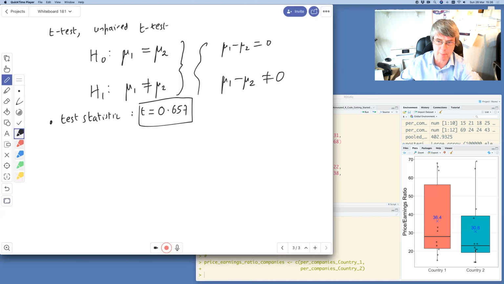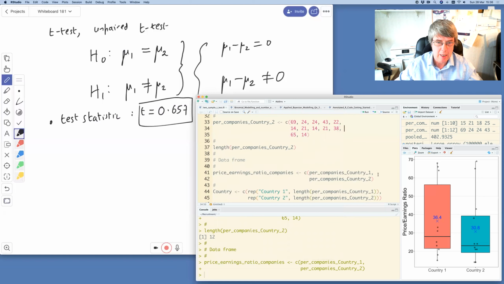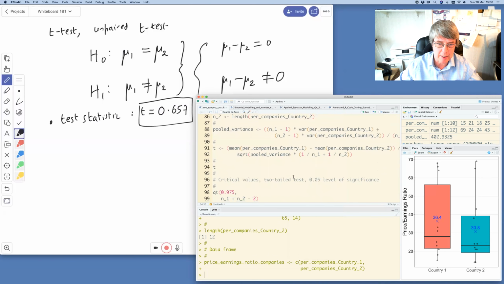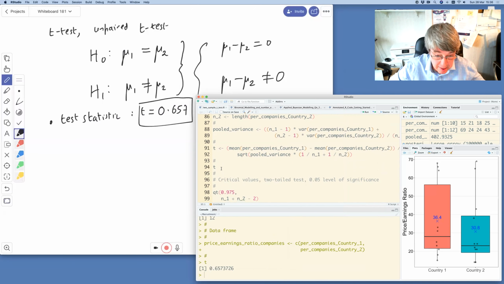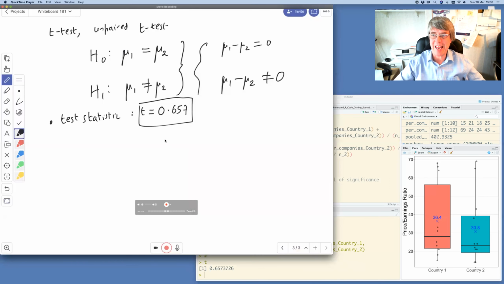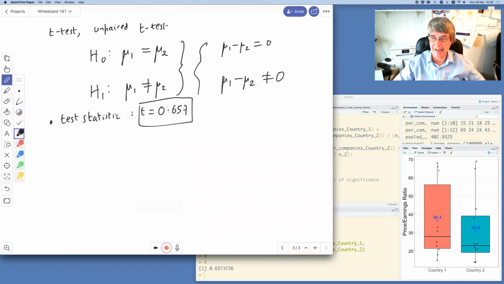We can compute that test statistic in R, or we can do it by hand. In the code that I'm showing you, there's a computation of that test statistic, and there it is, 0.657. That is, in a sense, a measure of the evidence that the data provide against the null hypothesis in favor of the alternative.